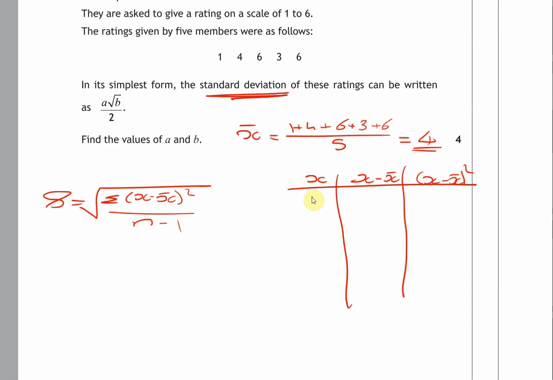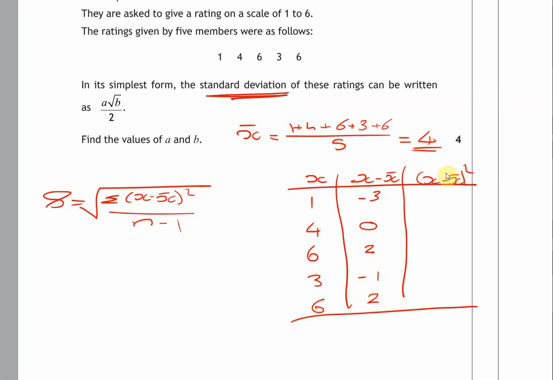So we have our x values, which are 1, 4, 6, 3 and 6. Now we're going to do our value minus the 4. So 1 minus 4 is minus 3, 4 minus 4 is 0, 6 minus 4 is 2, 3 minus 4 is minus 1, and 6 minus 4 again is 2.